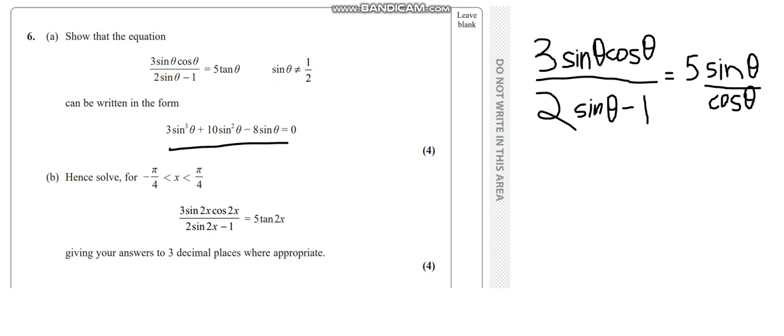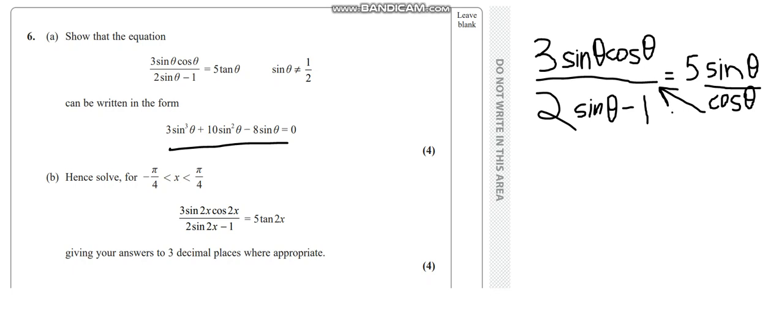Now the next step will be to eliminate the denominator, the fraction form. What most students do is make mistakes here by using the LCM of 2 sin θ minus 1, or whatever is in the denominator. What you can do instead is cross multiply like this.